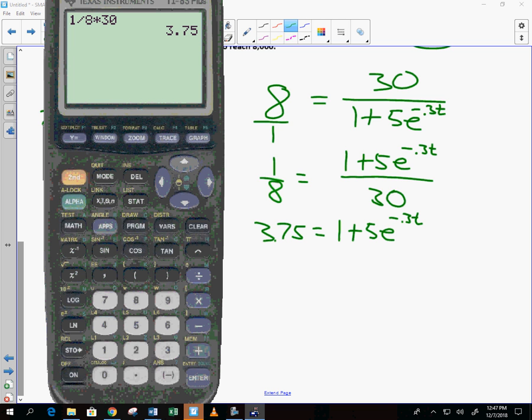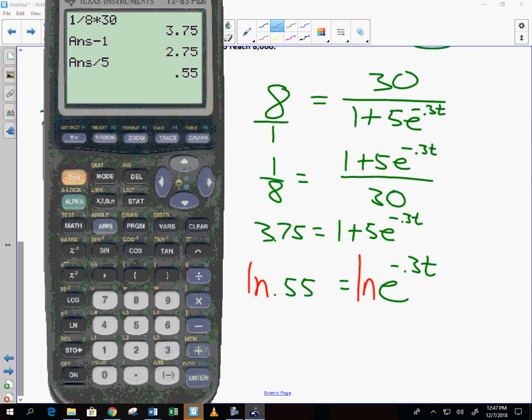Now what? Subtract 1. After I subtract 1, divide by 5. I get 0.55 is equal to e to the negative 0.3t. Still got to get at the t. Natural log of both sides, because that will get rid of the base of e.